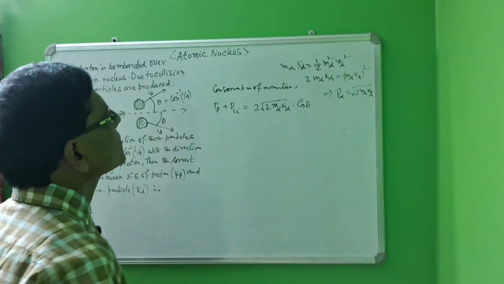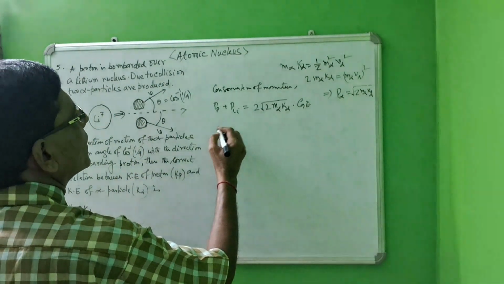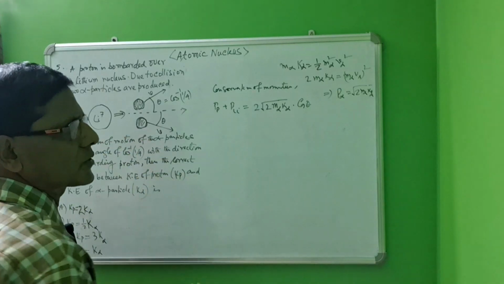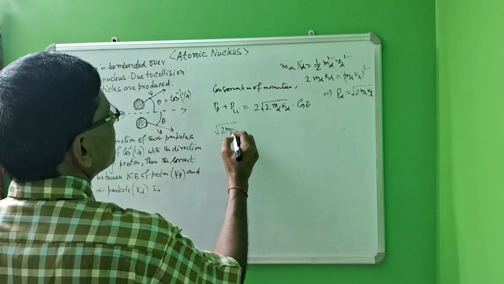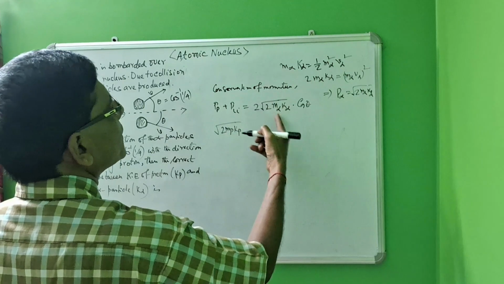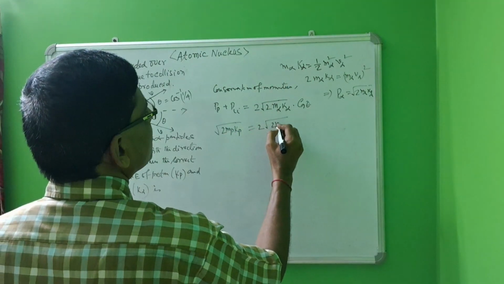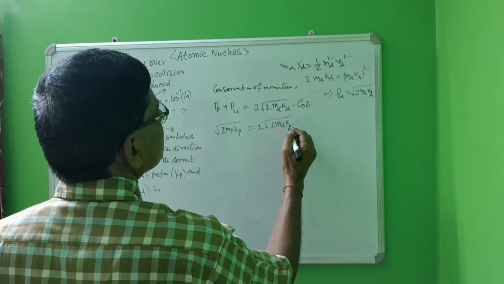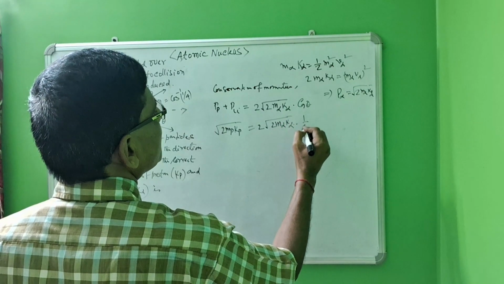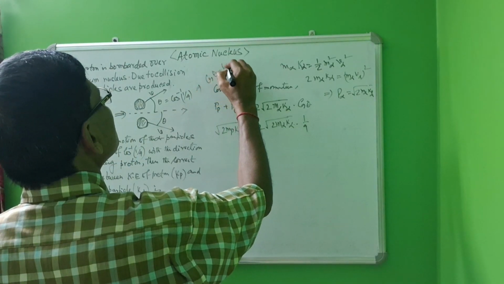So put this here, and because the lithium nucleus is at rest, applying this relation we get root over twice mp kp equals 2 root over twice m alpha k alpha into cos theta, where cos theta equals 1 by 4.